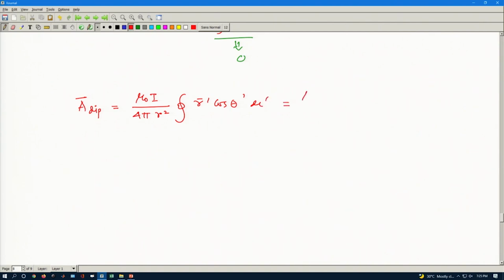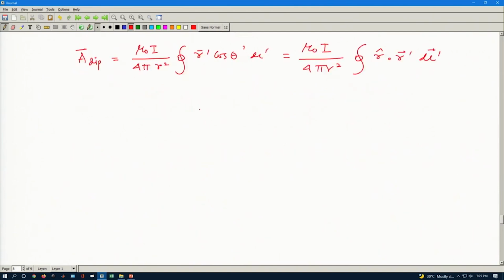This I can simplify: mu 0 I divided by 4 pi r square, and then r dot r vector prime dl prime. R dot r vector prime takes care of this r prime cos theta prime. So, I just replace this in this way.